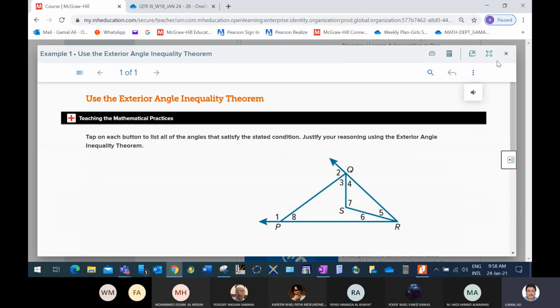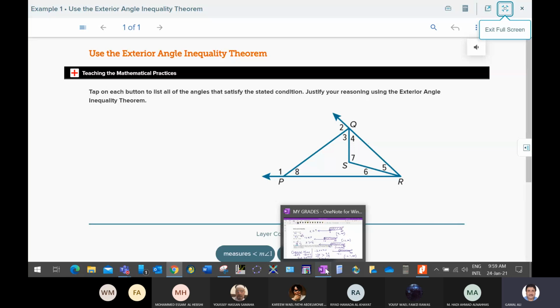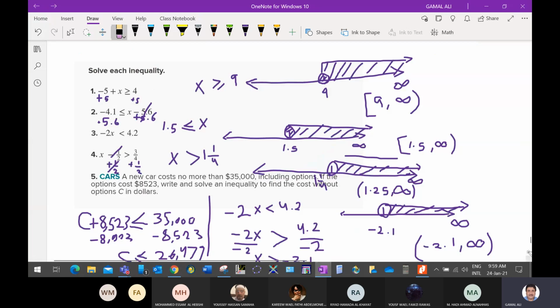As you know before, the exterior angle. For example, if you have the triangle QPR, angle 1 is an exterior angle. As you know, angle 1 equals the sum of the two remote interior angles, angle PQR and angle PRQ. Look at the board. I drew it here.